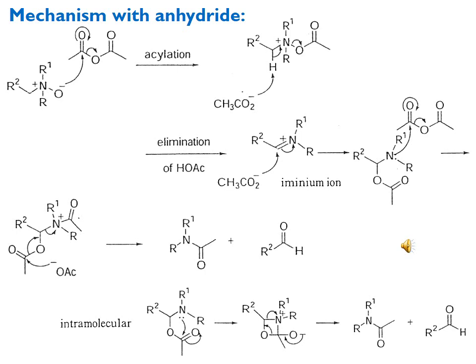The first step was the acylation of this tertiary amine N oxide, and the second step was the attack of the acetate ion on the alpha hydrogen. We get the iminium ion after the elimination step, along with the formation of acetic acid.